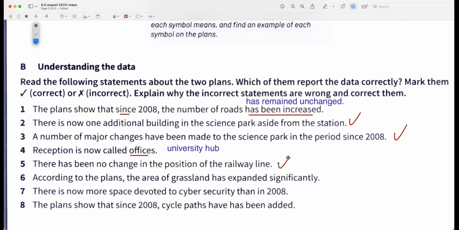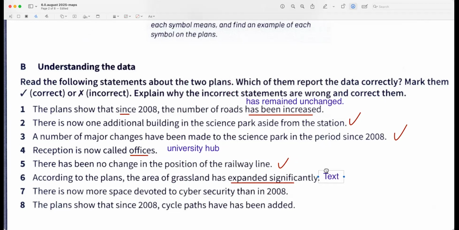Okay, this one, number 6. The area of the grassland has expanded significantly. That is incorrect. Okay, how can you correct it? That has diminished.